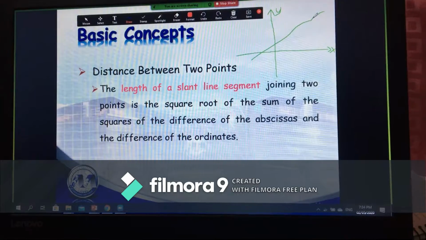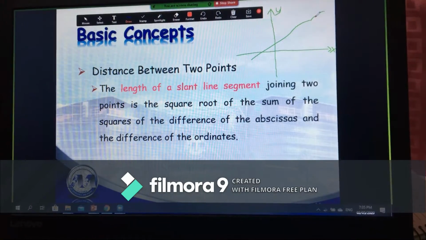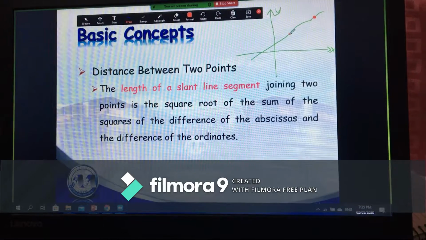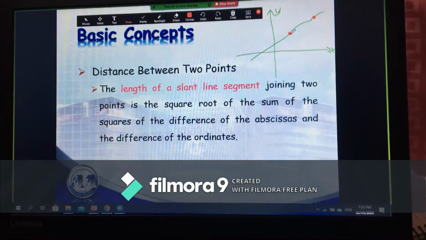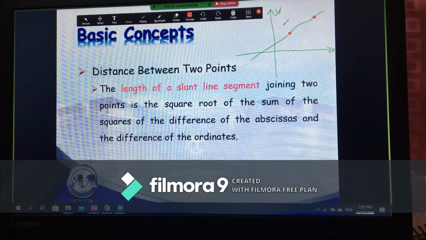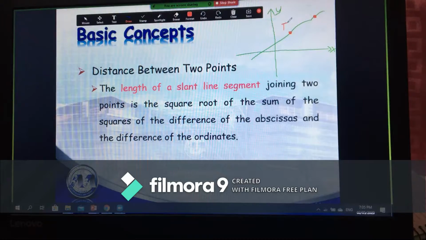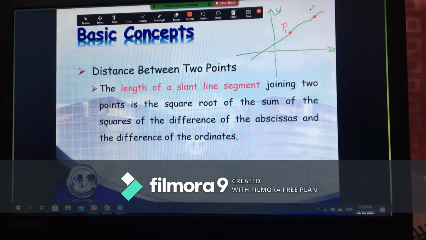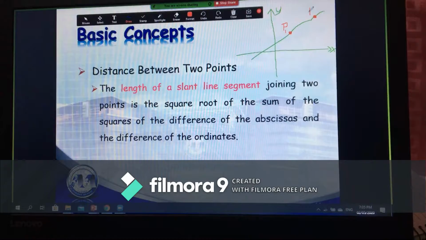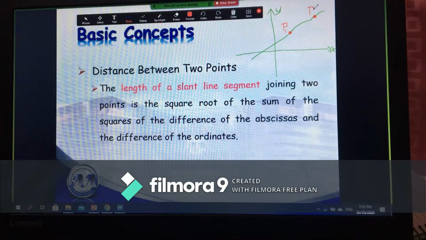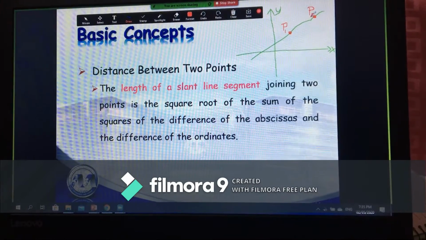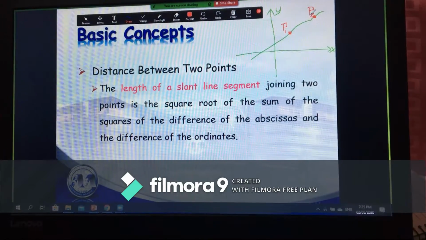Say this is the 1 point and this is another point here. Okay, so we call this point P1, and let's call this other point P2. Class, pwede siya magbaliktad, ha. Pwede yung P1 mo, yun ang P2 mo, yung P2, yung P1 mo. It doesn't matter. Okay?